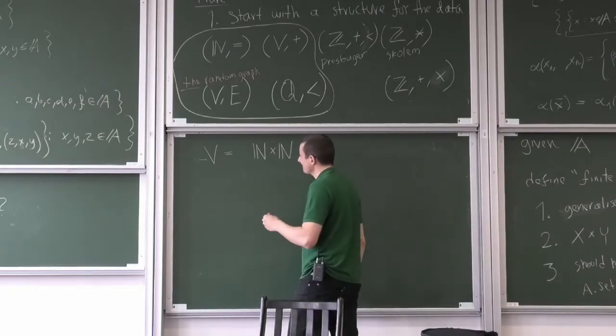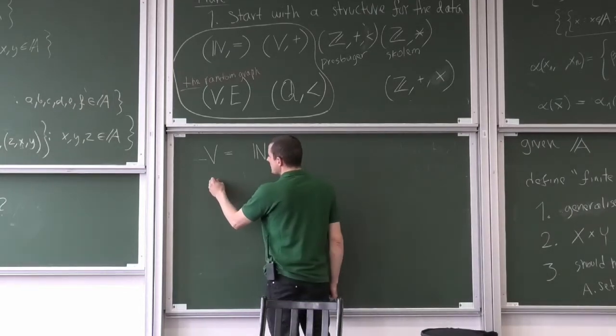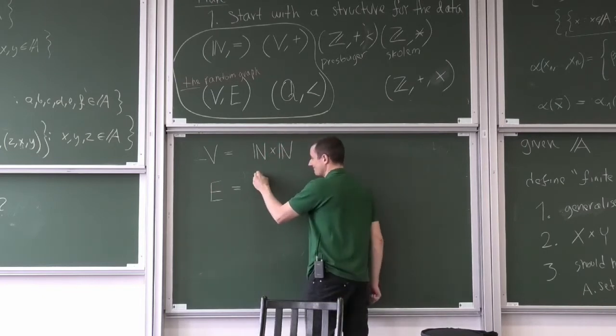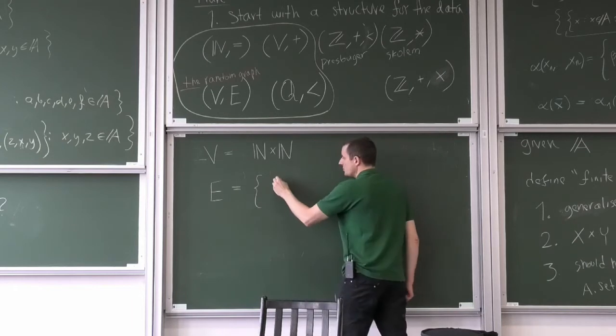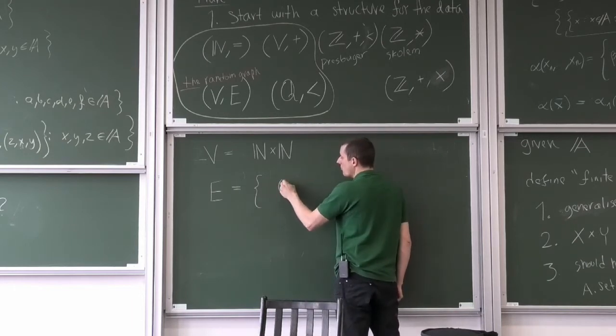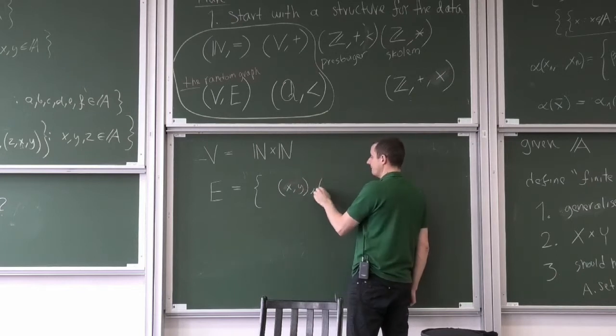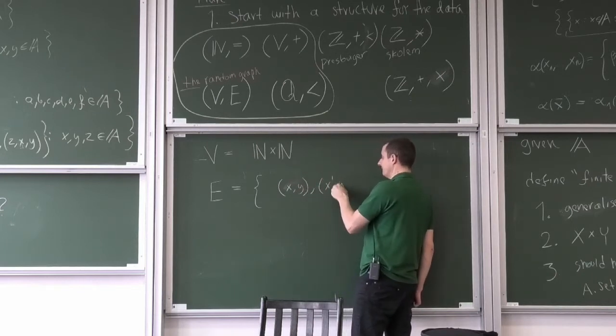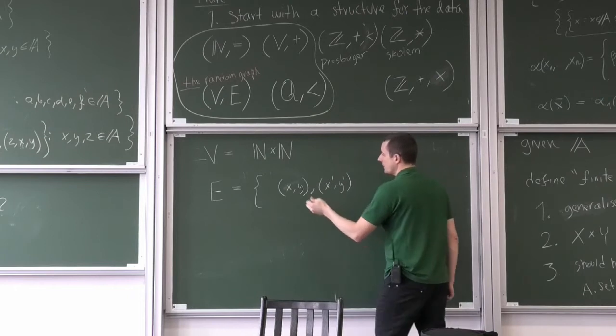And for example, what are its edges? It is going to be over x, y, right?